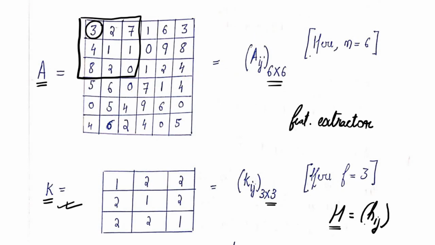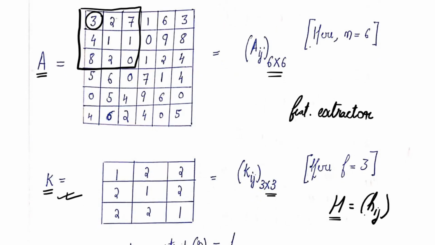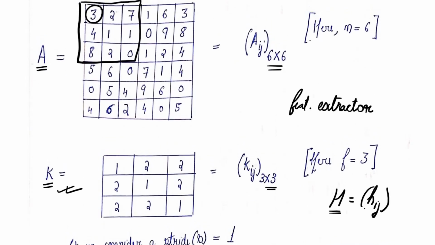This is the kernel. Now in order to calculate the dot product, it's pretty simple. We just have to multiply this 3 with 1, this 2 with this 2, this 7 with this 2. We then multiply 4 with 2 and 1 with 1 over here.